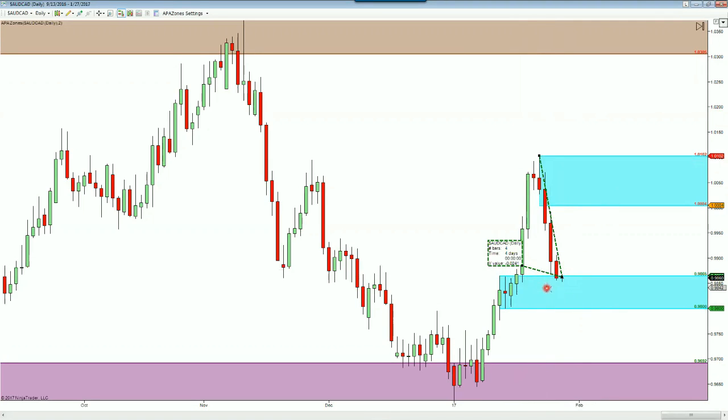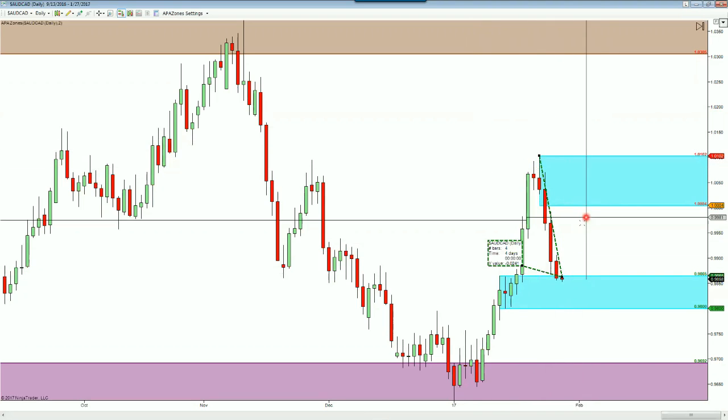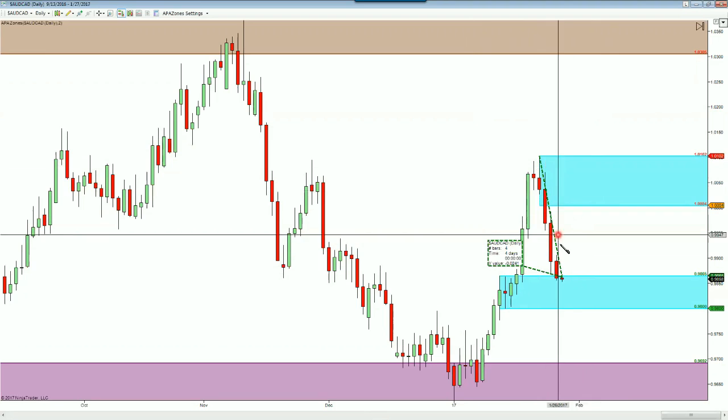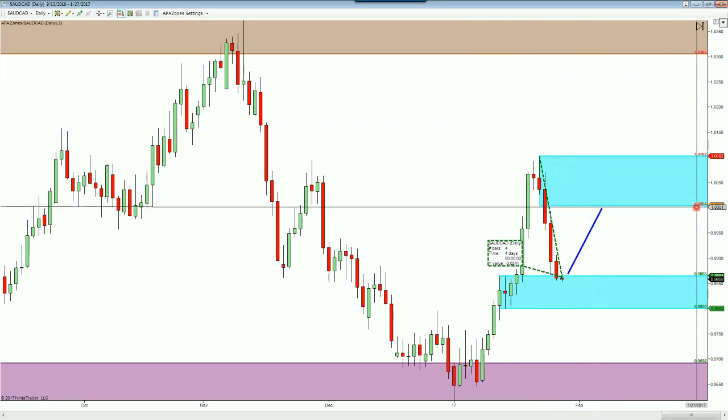So this is the prime area for the pullback that we've been waiting for this previous week, and that's exactly what happened. Yes, we're in an uptrend, but now we've gotten the pullback. And I really want to see another push to the upside into the 1.0004 level.